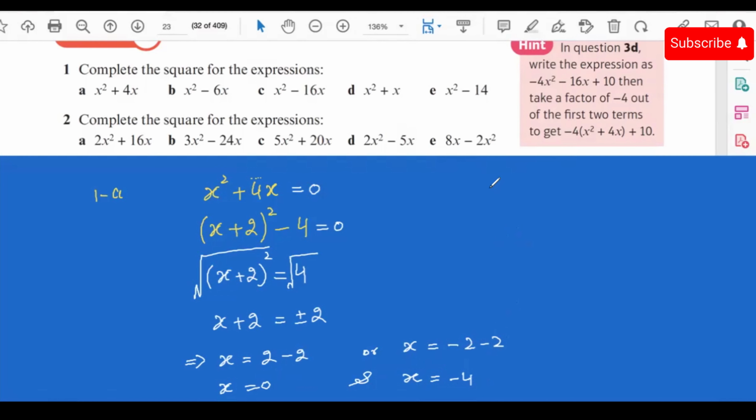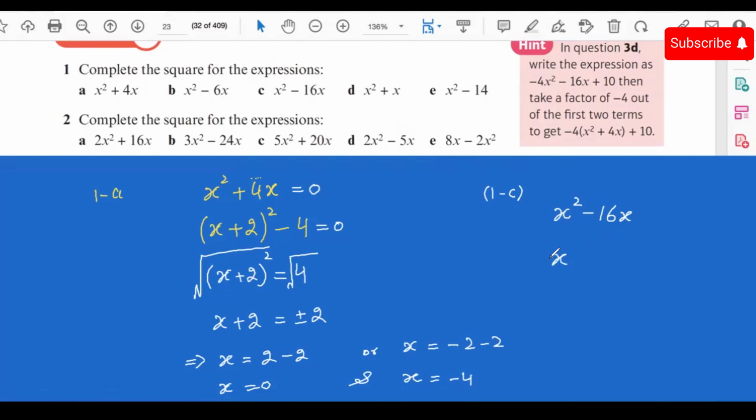For example, we have 1c. If we do have 1c, then we can see we have x square minus 16x. So this x square is the square of x, and minus 16x is actually a linear term in this expression.